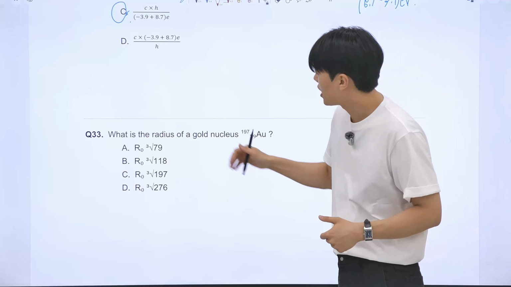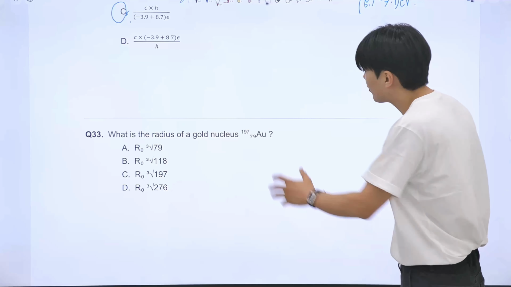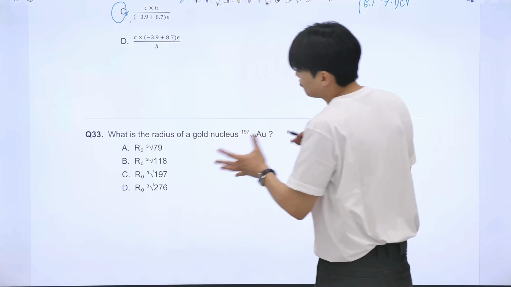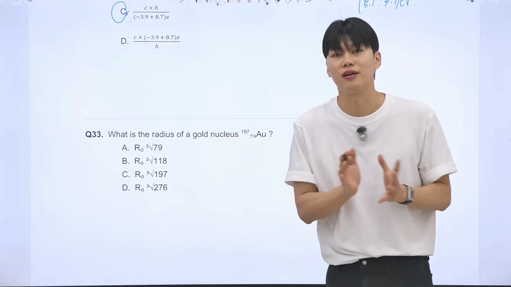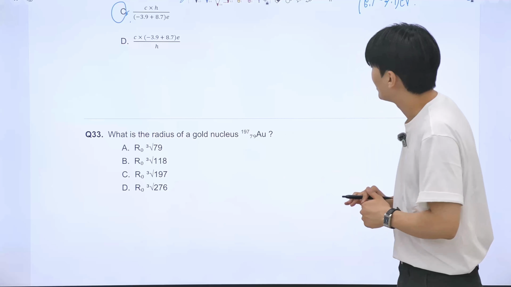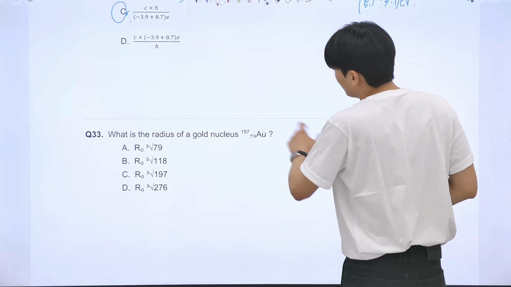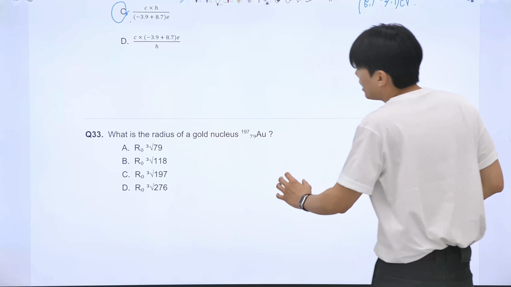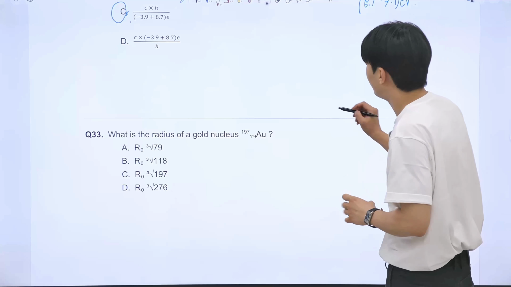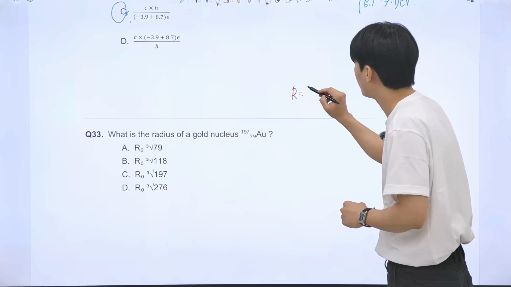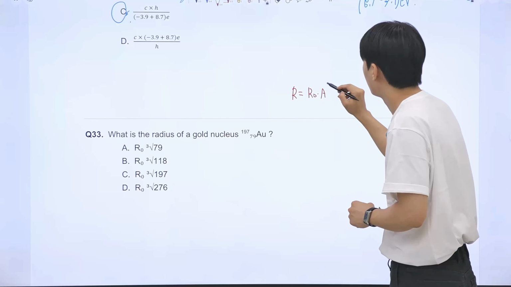Next question, we have the radius of the gold. Sorry for the fuzzy bit here because the equation is not very perfect, but anyway, you can recognize what it is. So we have the radius of the gold, and we have the R0 part in here. Then the equation that we have to use is pretty obvious, which is R equals R0 A to the power of 1/3.